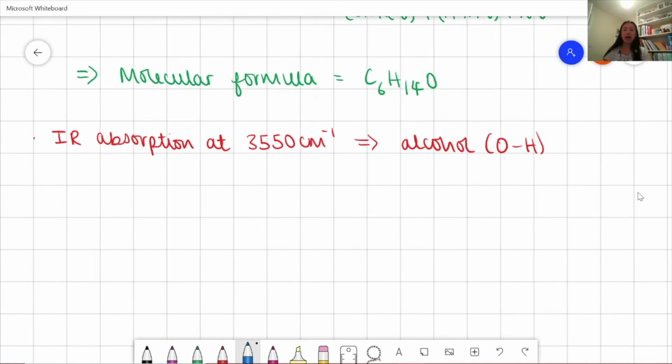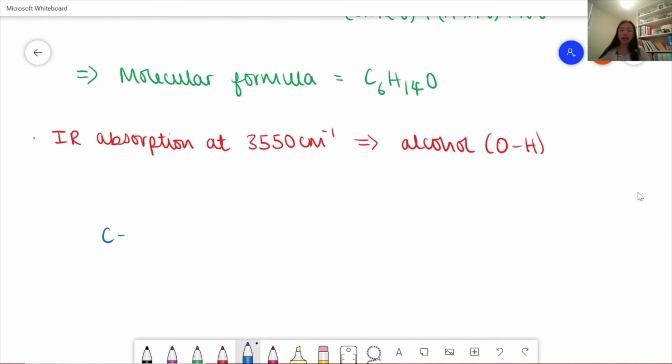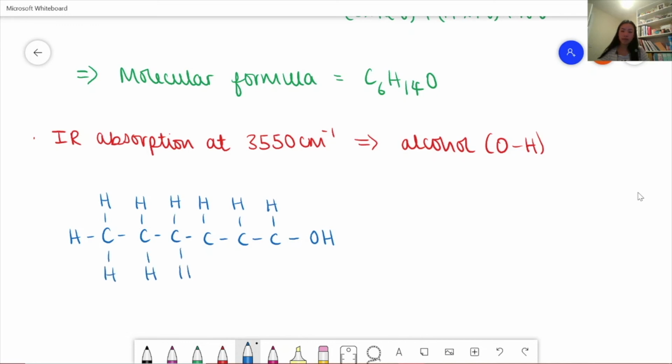So the first structure we could have would just be 6 carbons in a chain, and then the OH at the end. And then obviously we have hydrogens everywhere else. So what we formed here is hexan-1-ol, because we have the OH group on the first carbon.